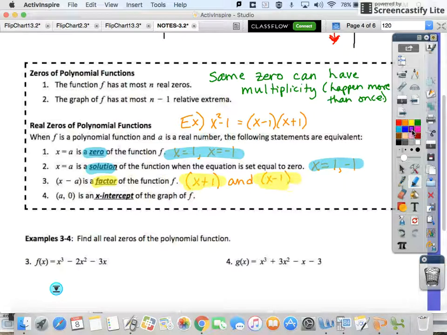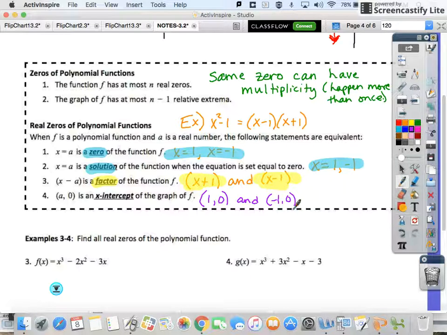And then the x-intercept is where y equals 0. Well, y equals 0 when you get x equals 1 and negative 1. The whole point here is you set them equal to 0 to solve. So you set them equal to 0. That means our solutions in terms of an x-intercept are (1, 0) and (negative 1, 0).